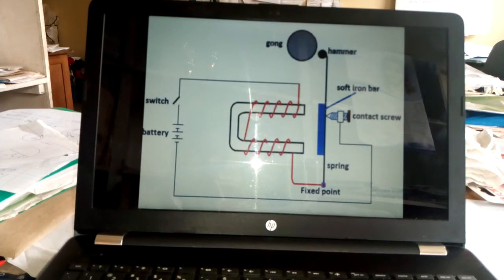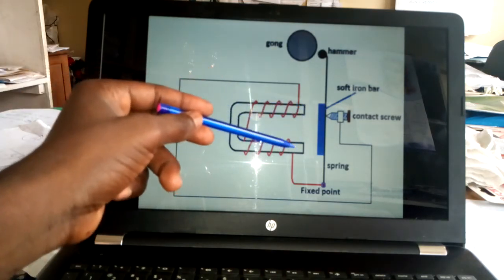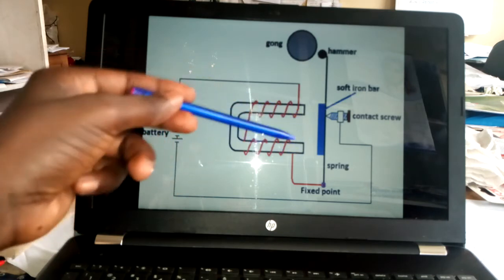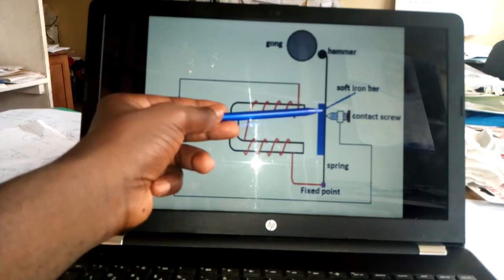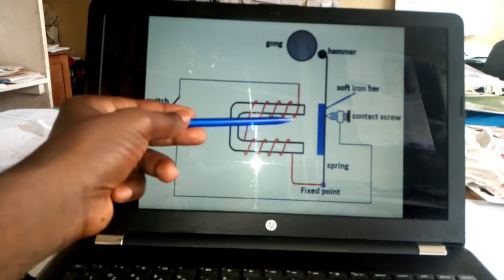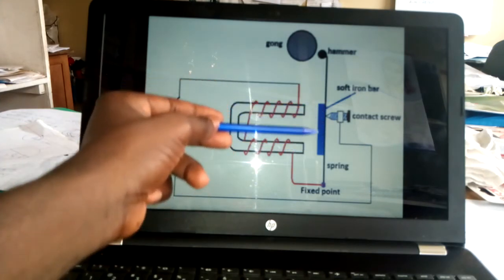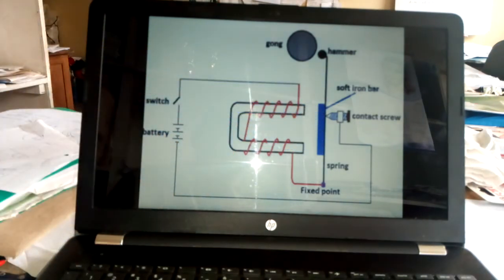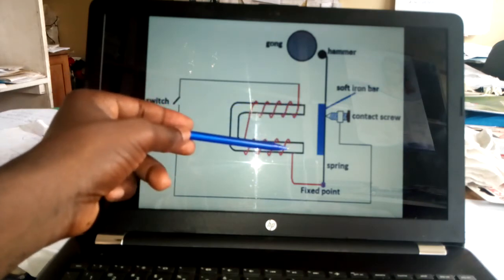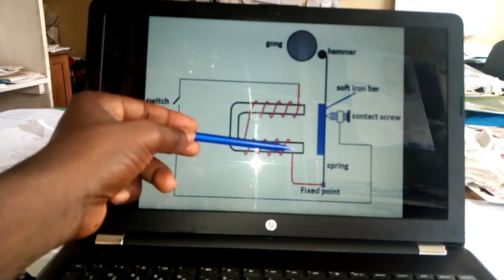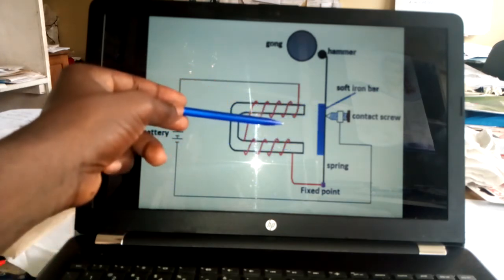And when it becomes an electromagnet, it is behaving now like a magnet. In other words, it will be able to attract this soft iron bar. So you see the sequence. This becomes electromagnet. What is its effect in this setup? It attracts the soft iron bar towards this side.